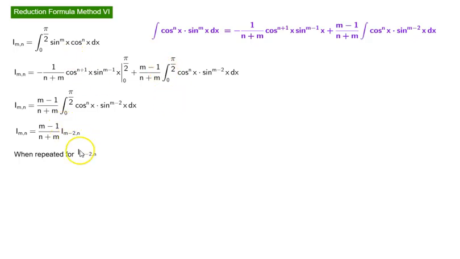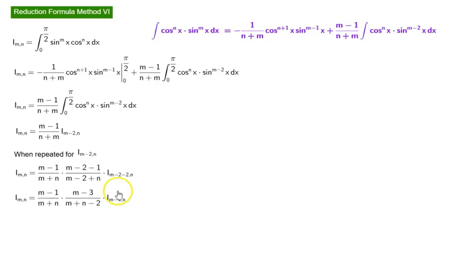When we apply the formula again, we get m minus 1 by m plus n times m minus 2 minus 1 by m minus 2 plus n times I sub m minus 2 minus 2 comma n, which is basically I sub m minus 4 comma n.